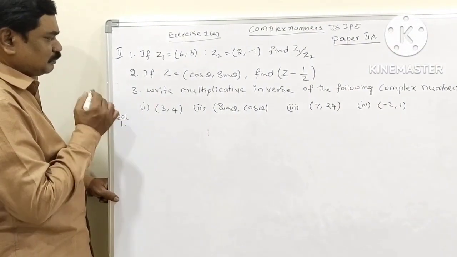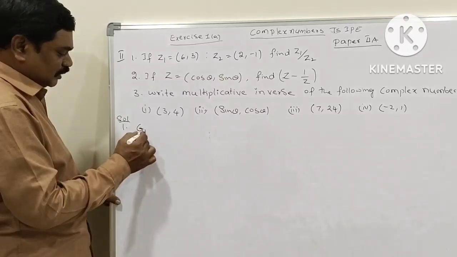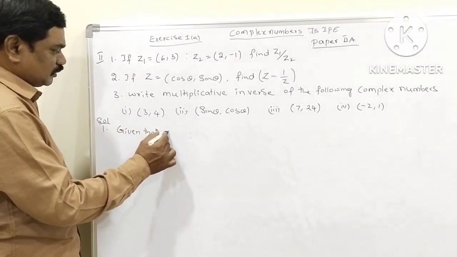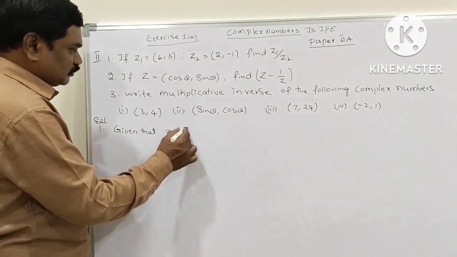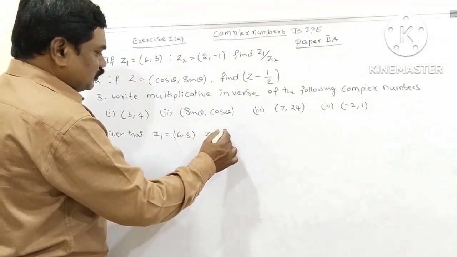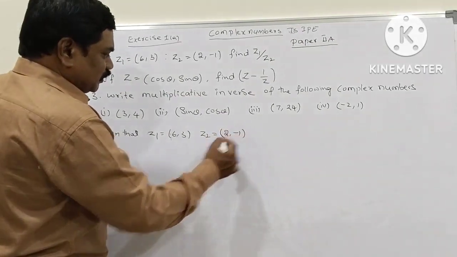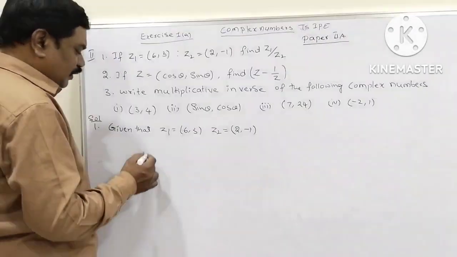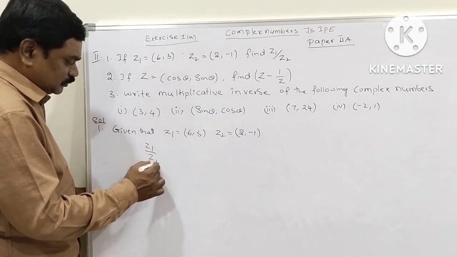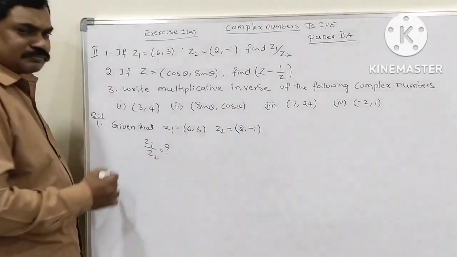So the first problem solution: given that z1 is equal to (6, 3), z2 is equal to (2, minus 1). We have to find z1 by z2 is equal to what?